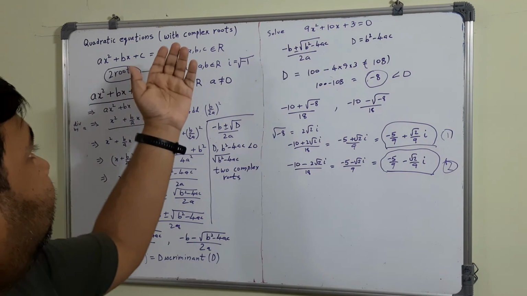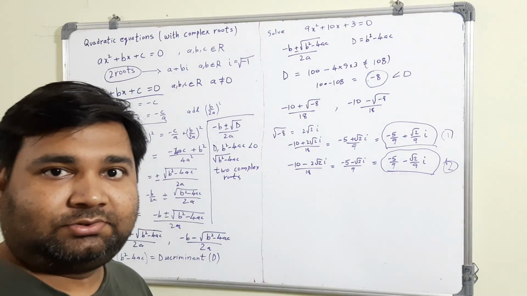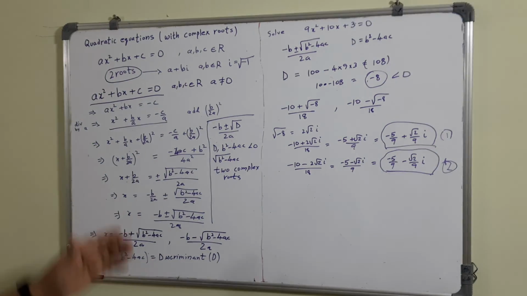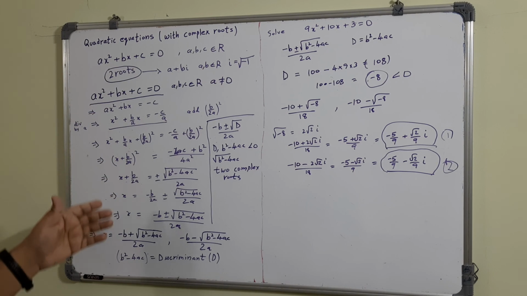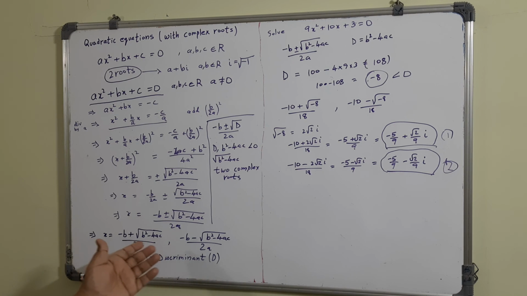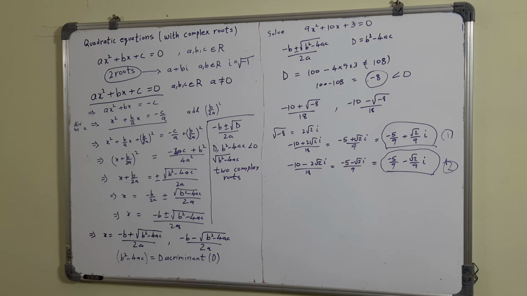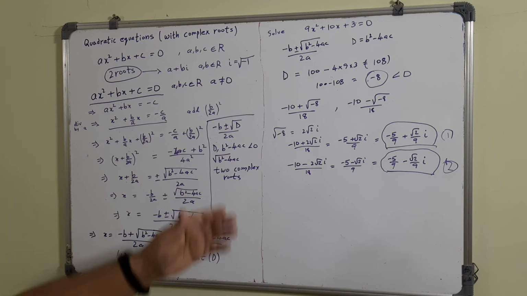So here we learned about those quadratic equations which have complex roots, and we derived the formula for the roots, and we found that when the discriminant is less than 0, the roots are complex.